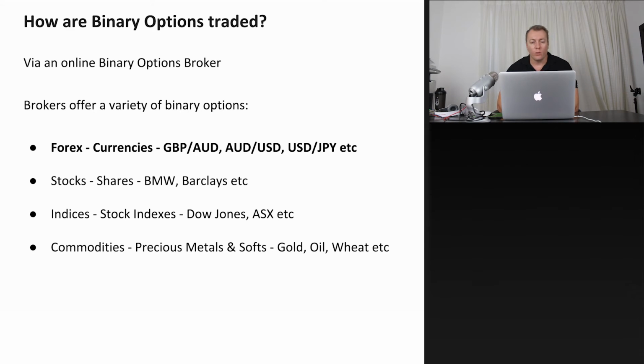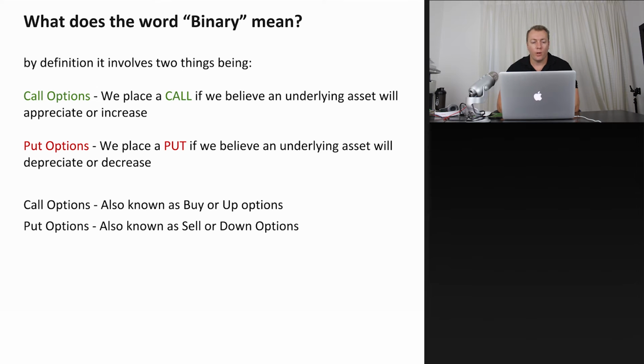So what does the word binary mean? By definition, it involves two things. A call option: we place a call if we believe an underlying asset will appreciate or increase. A put option: we place a put if we believe an underlying asset will depreciate or decrease.